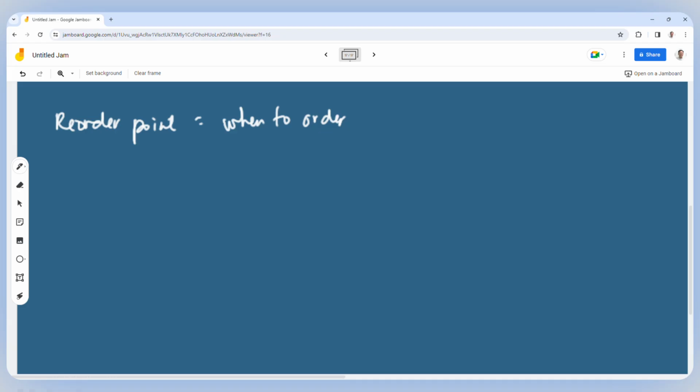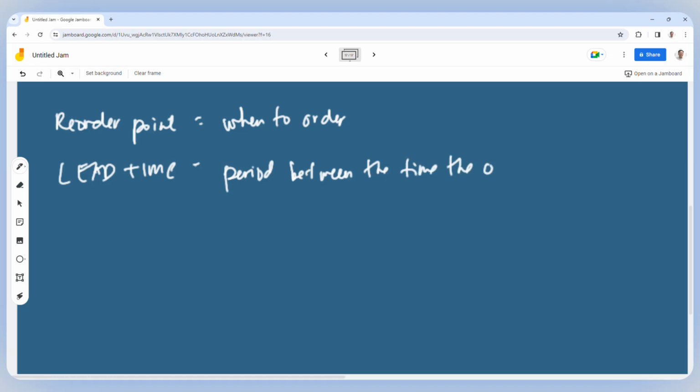So, under this one, reorder point, very important here, yung tinatawag nating lead time. So, what is lead time? Period between the time the order is placed, alright? And received.